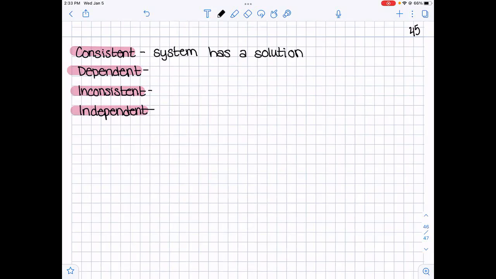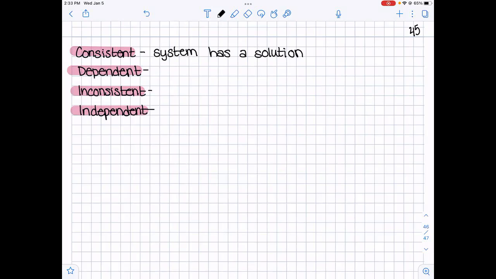They give you an answer. So what kind of lines would not be consistent? Parallel, because they don't have a solution, they don't cross.